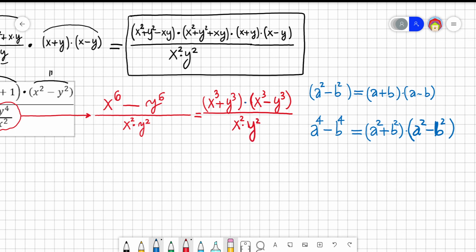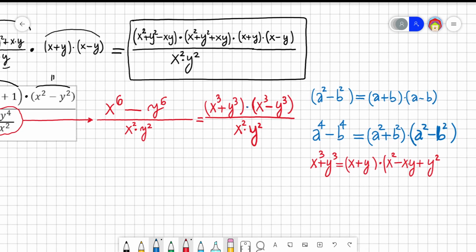And now, again, a formula I ask you to study, and that is the sum of cubes. That you need to remember, you need to learn that formula, that you can express as x plus y times x squared minus x times y plus y squared.